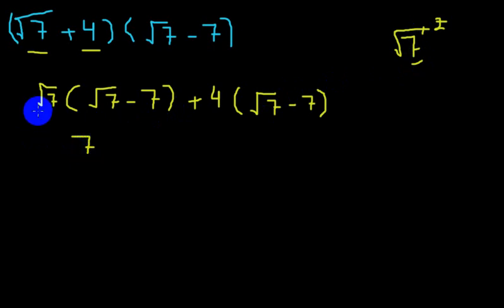Okay, then positive times negative is negative, and 7 times square root of 7 is 7 into square root of 7. We can't multiply them, we can't write it like 7 times 7 is 49. No, we'll just write it like this because they are unlike terms.